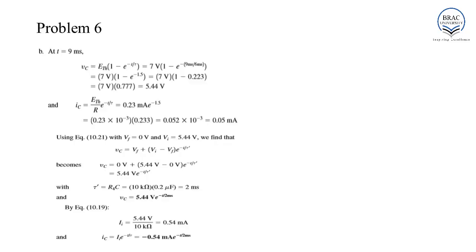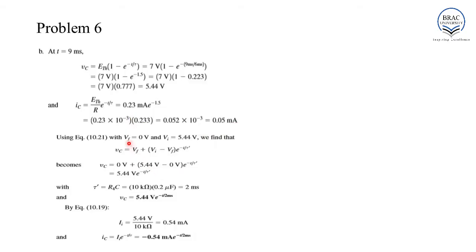So, using the given expression VC equals E Thevenin (1 minus e to the power minus t by tau), we can easily determine the value of VC at t equals 9 milliseconds, and that was equal to 5.44 volts. The current flowing through the circuit at that point of time was equal to 0.05 milliampere.